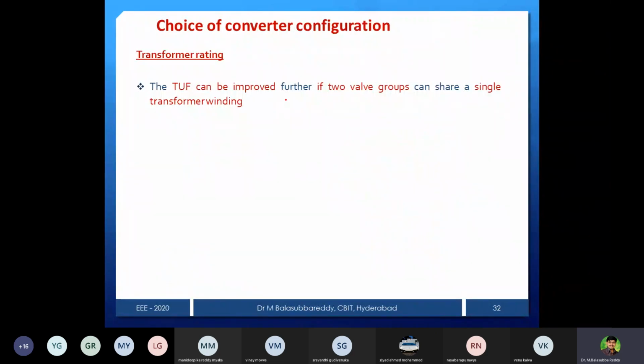That is what I mentioned: it can be improved if two groups, the upper group of devices and the lower group of devices, a positive group and a negative group, as we noticed in power electronics in the full control rectifier with an AC supply input, can share a single transformer winding.